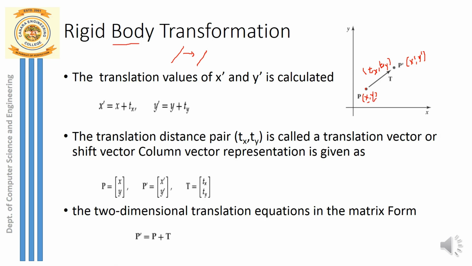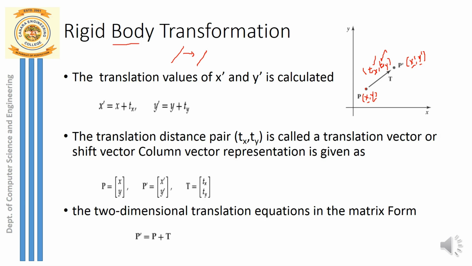So the new point will have the new x coordinate and the new y coordinate. How do you obtain this new set of coordinates? By adding the displacement factor along the x axis and the displacement factor along the y axis. So Tx is along the x axis, and displacement Ty is along the y axis. This is how you are calculating. Now you can see here the translation values of x dash and y dash.